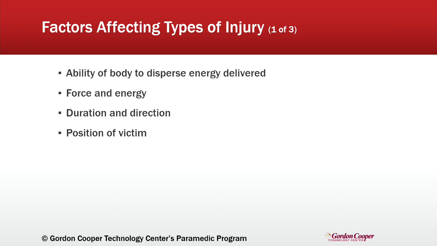The size or mass of the object, its velocity, acceleration, deceleration, and the specific area of the body that is impacted also will greatly influence the outcome. The duration and direction of the force are also key considerations, but not necessarily more contributing than another factor, which you'll learn in later chapters.